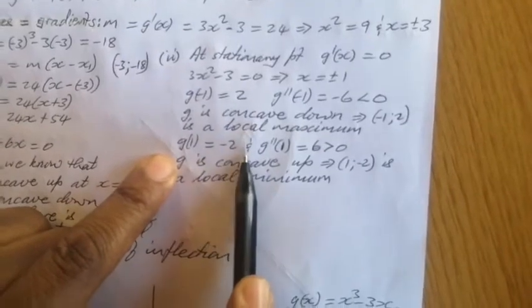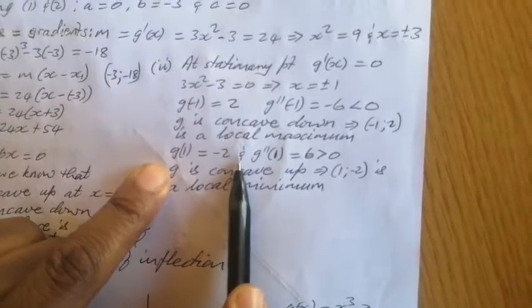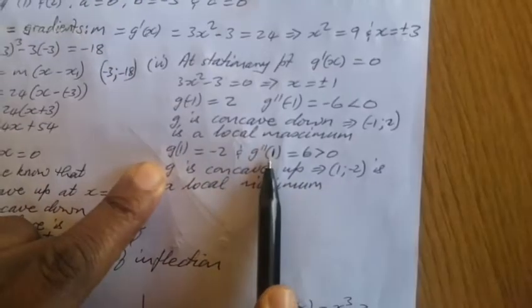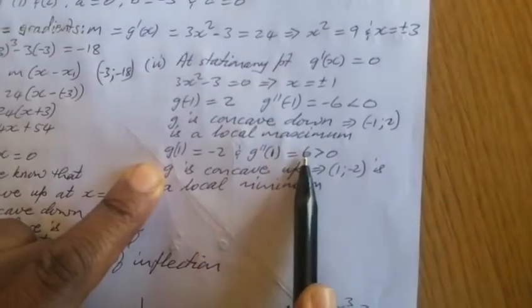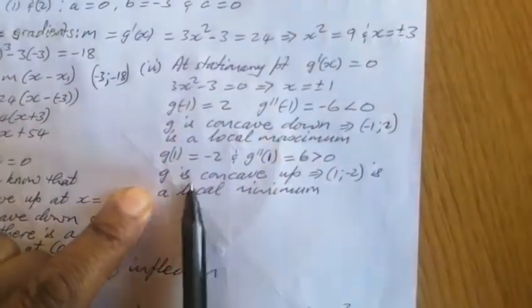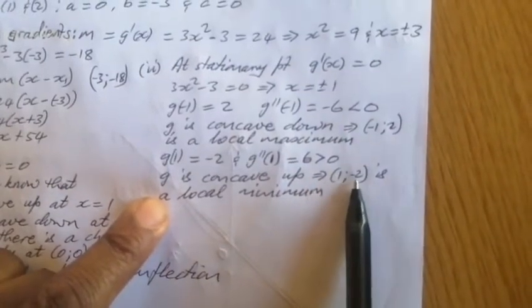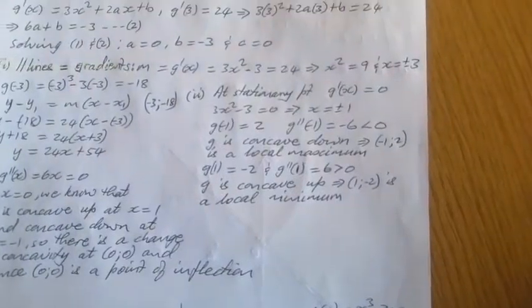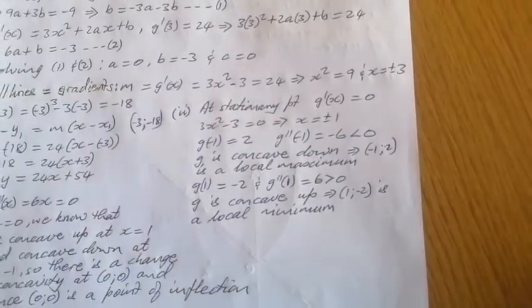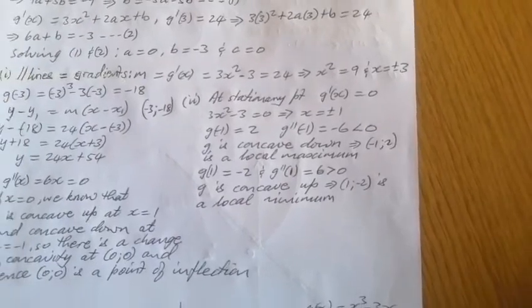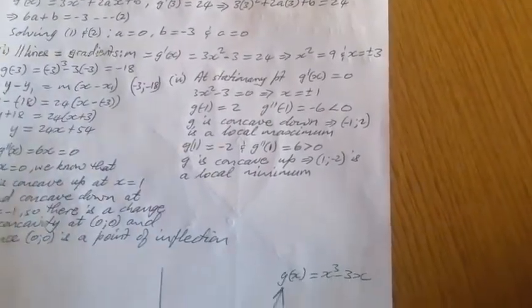Then G of 1 is equal to minus 2, and G double dash of 1 is equal to 6, which is greater than 0. So G is concave up, which implies that at the point 1, minus 2, we have a local minimum turning point. Very, very important for us, we have managed to classify and determine the stationary points as well.